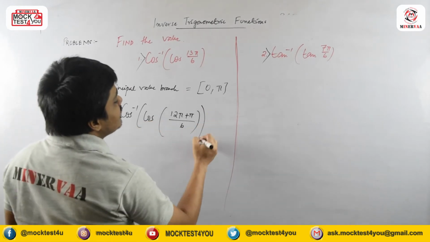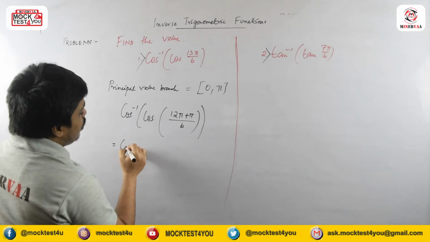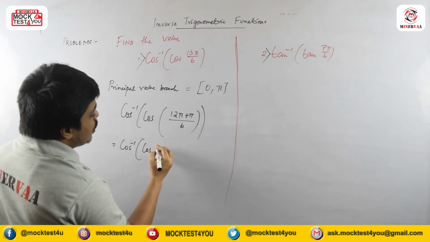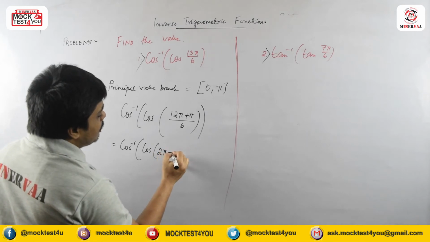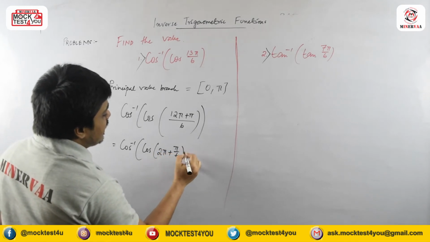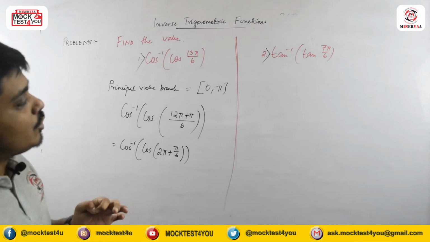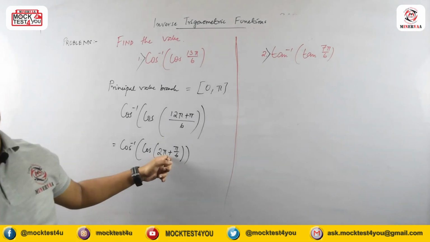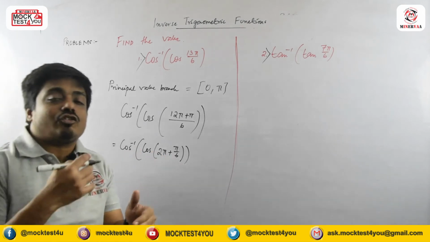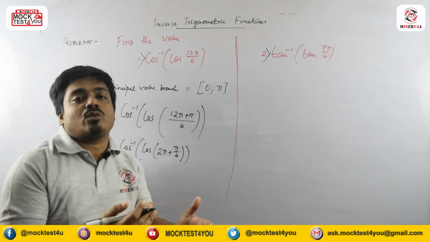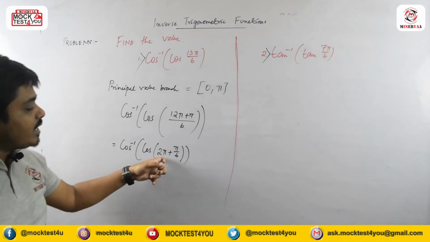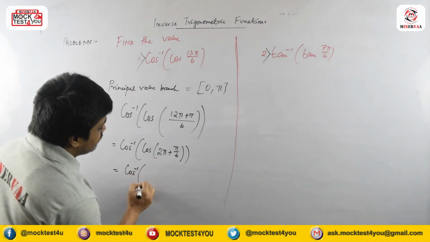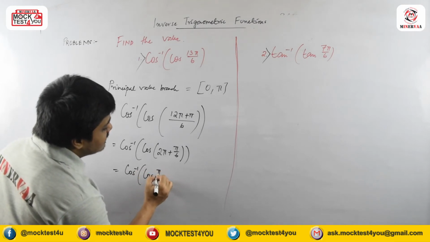So after writing this, I write cos inverse cos of, this becomes, if I separate them, 2 pi plus pi by 6. Now we have learned one thing in trigonometric functions in class 11, that whenever we see complete angles like this, the trigonometric functions repeat their value after every complete cycle. So we can remove this 2 pi. So it is basically nothing but cos inverse cos of pi by 6.